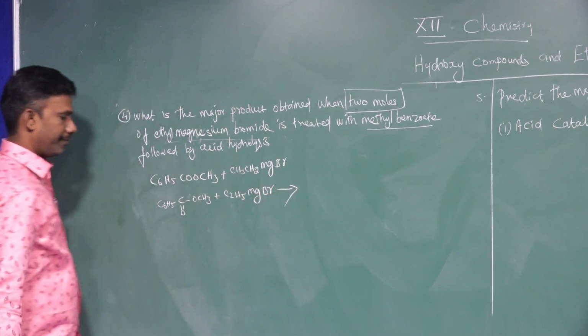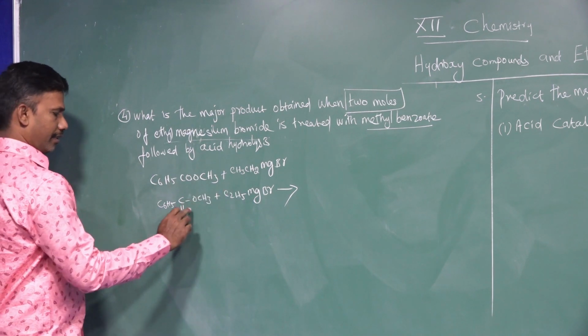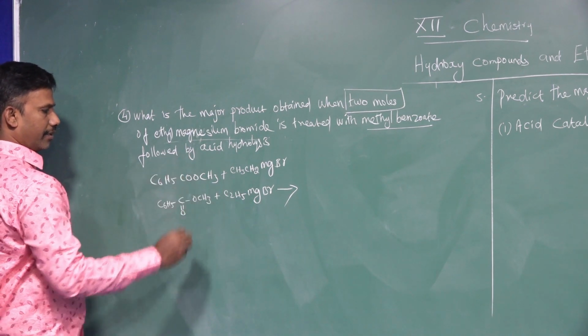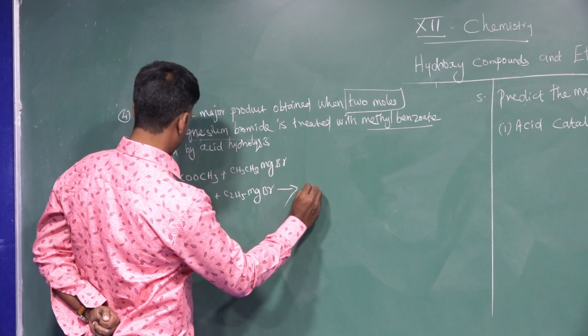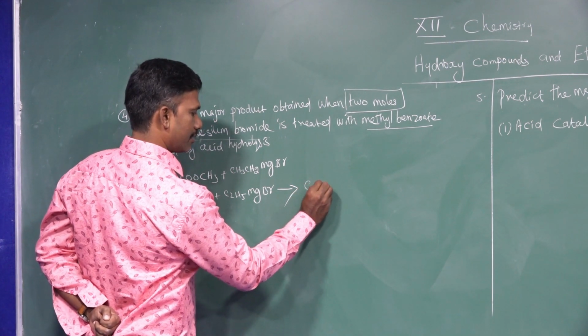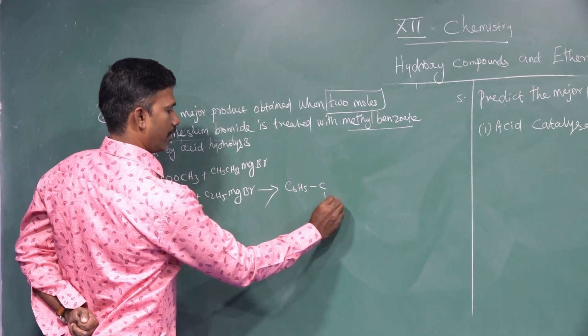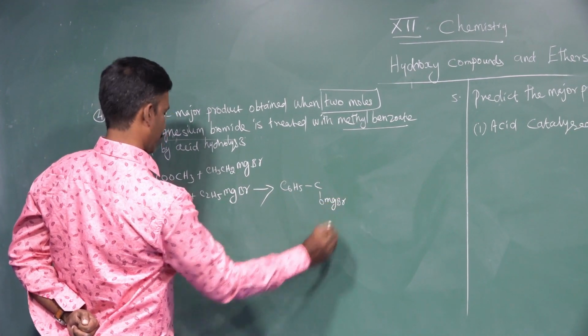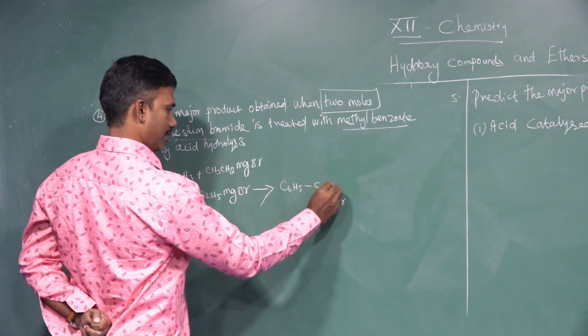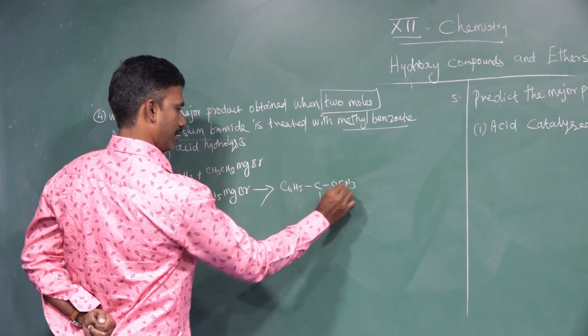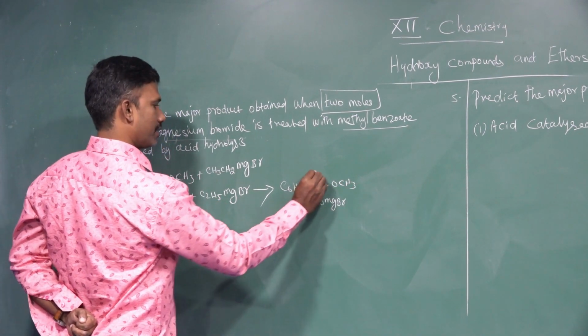What is going to happen? Whenever a Grignard reagent, the MgBr will be coming, the alkyl will go there, so you can have a reaction like this. C6H5 C O MgBr, and already OCH3 is there, and the ethyl group of this will go to here.